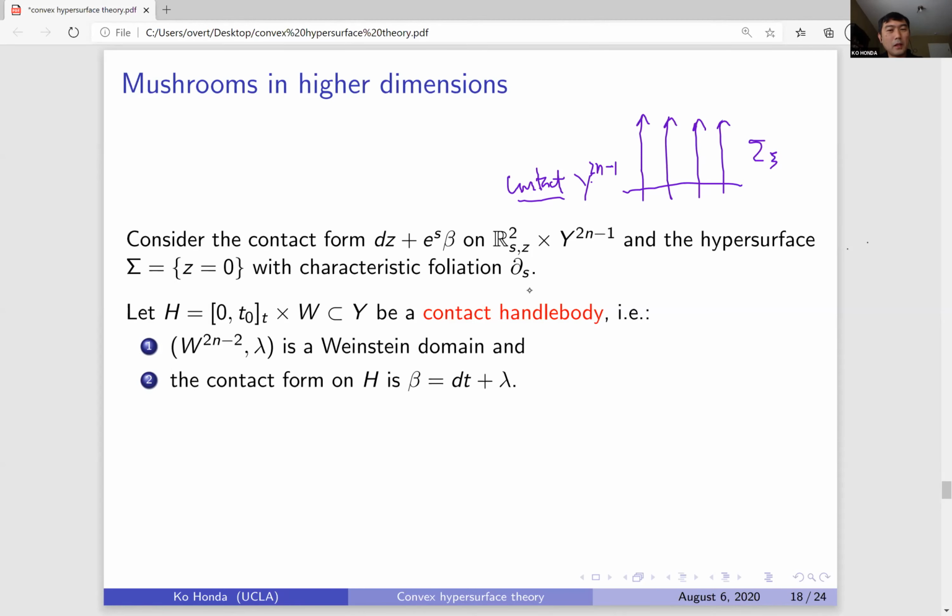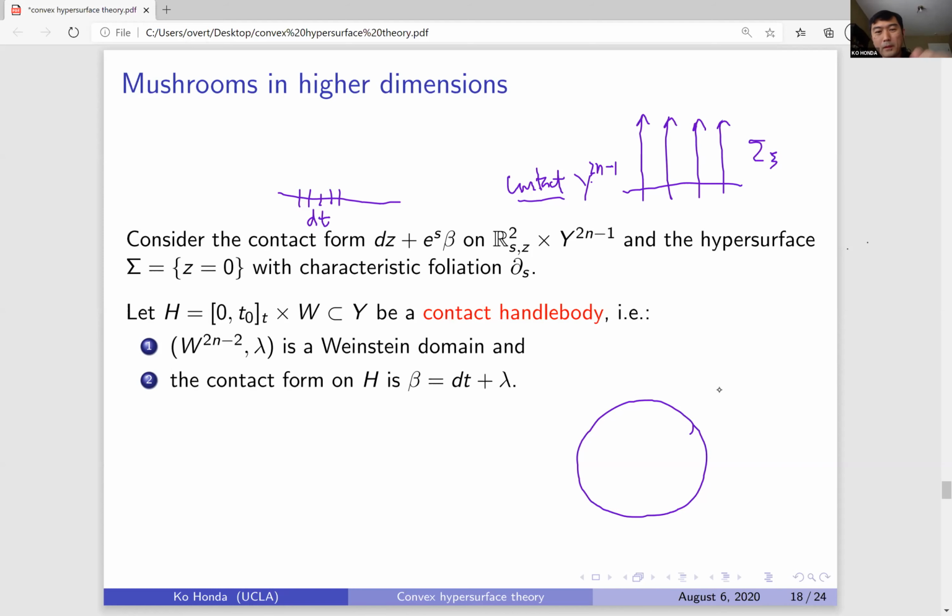Now in the previous case, the profile was just the contact form dt in dimension 3. In higher dimensions, the profile, the thing that's transverse, is a contact form.